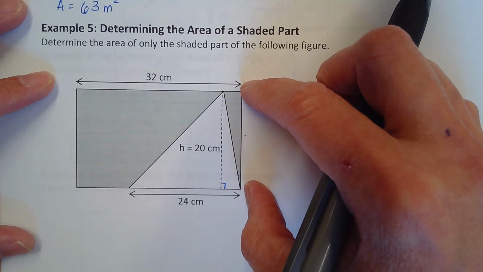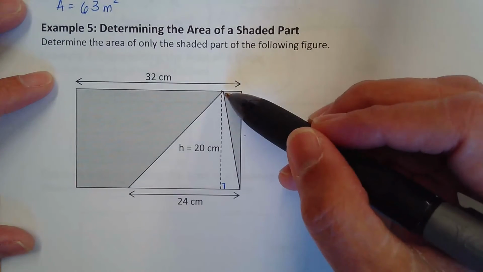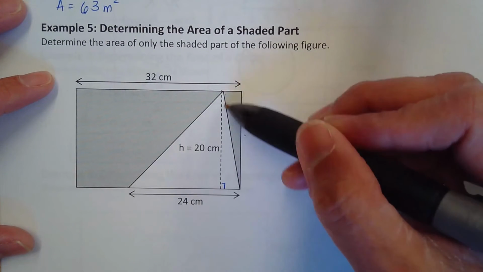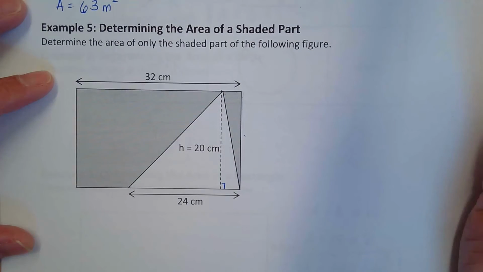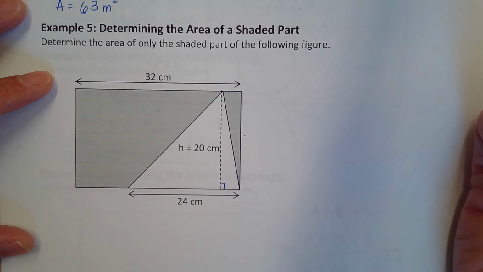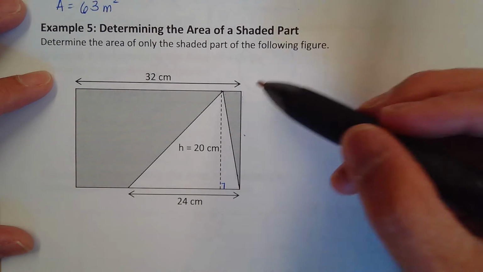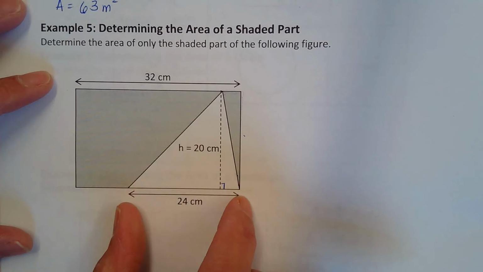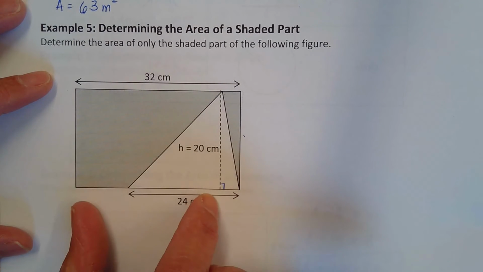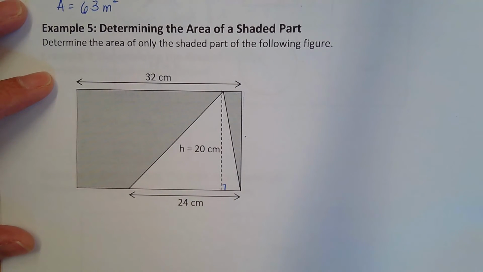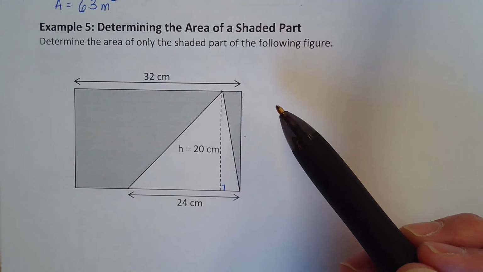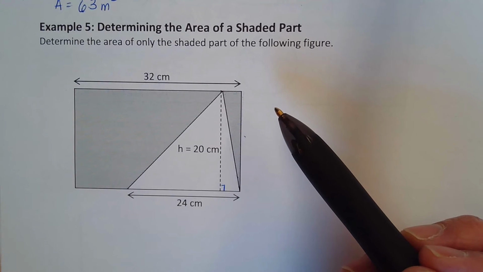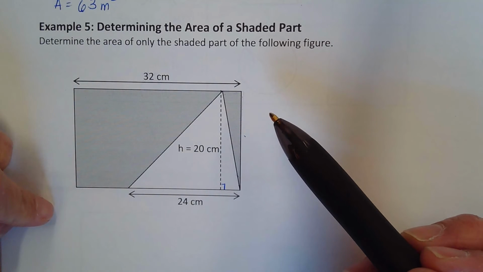Do you see it's 20? We can't find the area of this triangle with just the height. We need this part here, and there's no way we can figure that out at this time because this is the only thing that's given. So that's no good. Go 20, take away 24. That leaves us with 4.